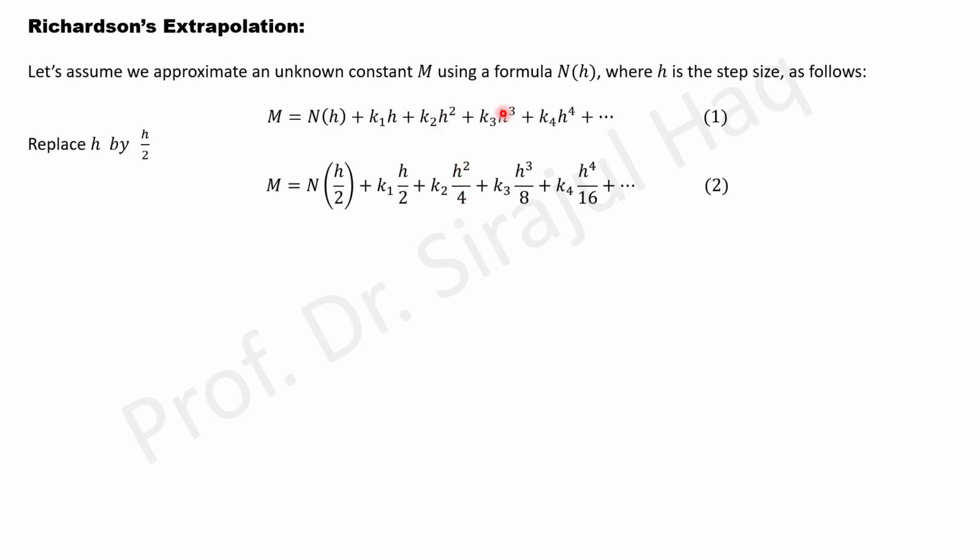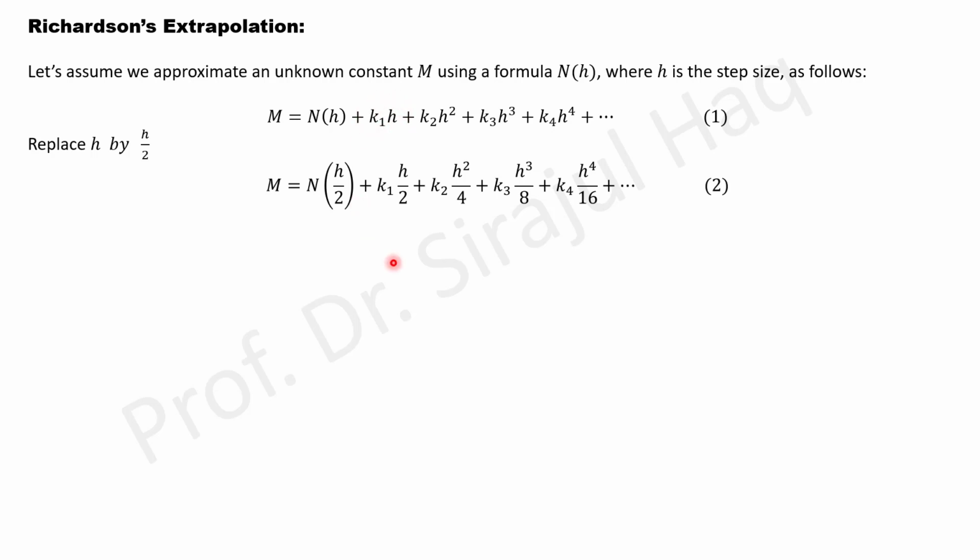Similarly, h cube becomes h divided by 2 whole cube, which is h cube divided by 8. Similarly, h divided by 2 raised to the power 4 becomes h raised to the power 4 divided by 16. You saw in equation number 1 that the error was of order h raised to the power 1.